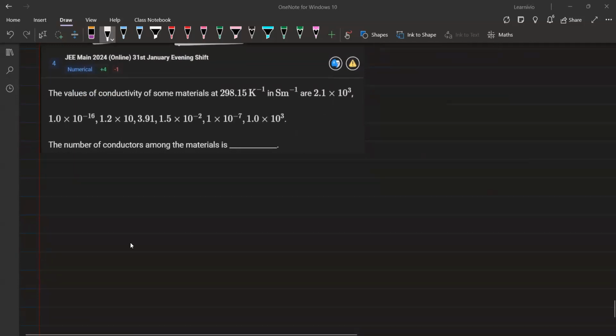The values of conductivity of some material are given. The number of conductors.